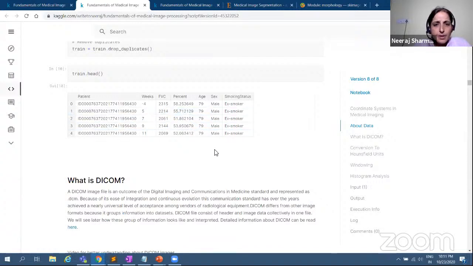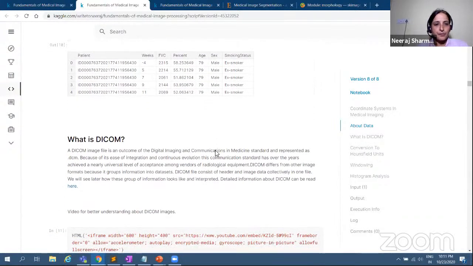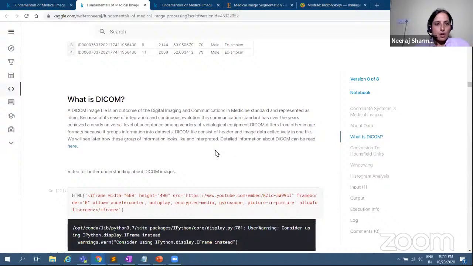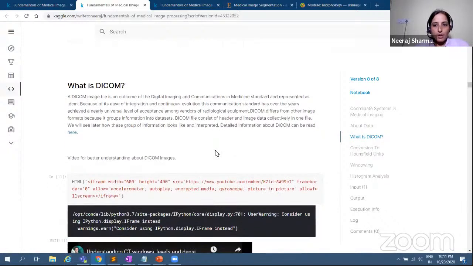Then this is the percentage of that value, age, sex, and smoking status, whether the patient was an ex-smoker, current smoker, or non-smoker. Then we will talk about what DICOM is.